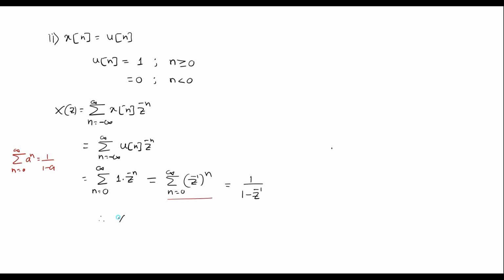So x of z is equal to 1 upon 1 minus 1 by z, which is equal to z divided by z minus 1. Therefore, Z transform of unit step signal is x of z is equal to z divided by z minus 1.